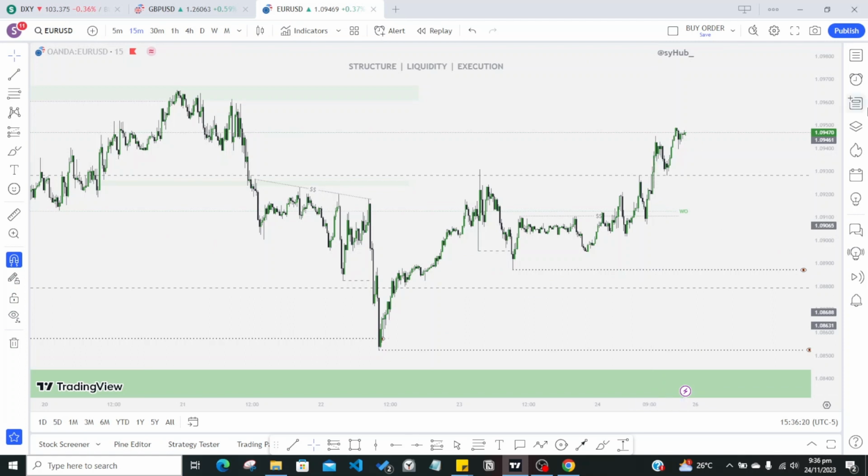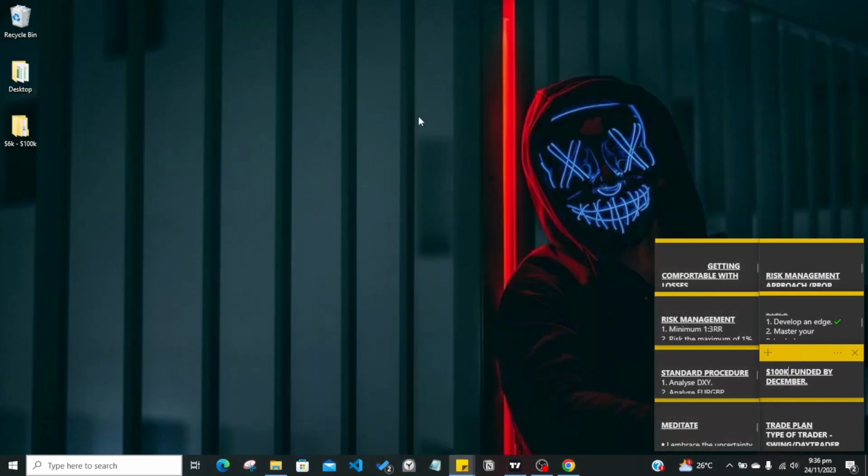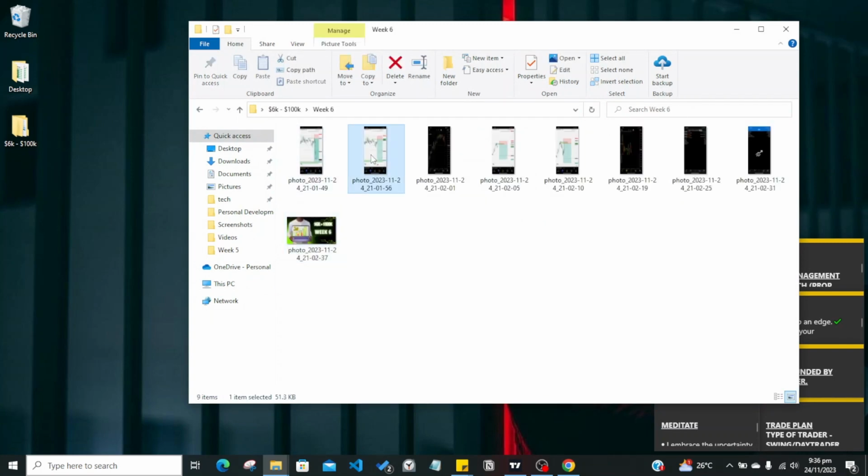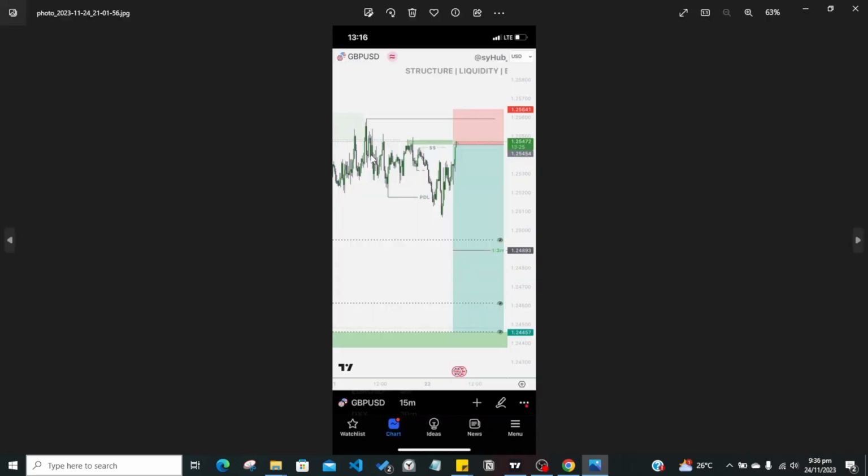So let me go through the screenshots I had before and after the trades. The first trade I had, which as I told you guys was on GBP USD. As you can see the entry here, I took my entry before the volume got into the market.